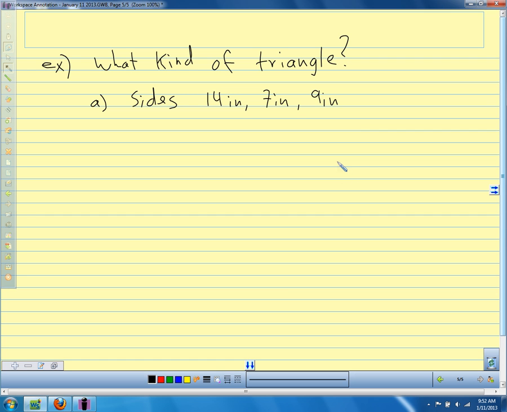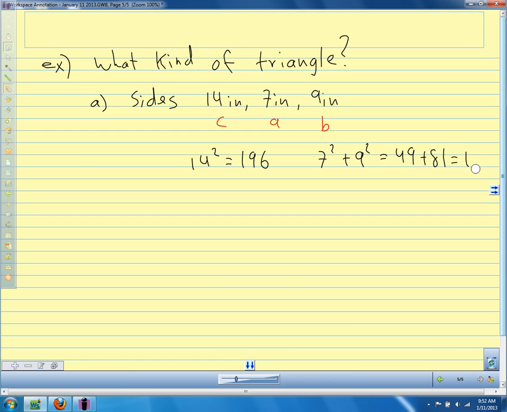For this triangle, which side is going to be C? 14. It has to be C. I'm going to call that one A, that one B. It doesn't matter for A and B which one I label. I'm going to compare C squared to A squared plus B squared. So 14 squared equals 196. 7 squared plus 9 squared is 49 plus 81, which is 130.